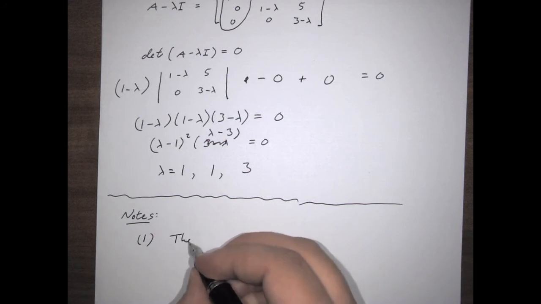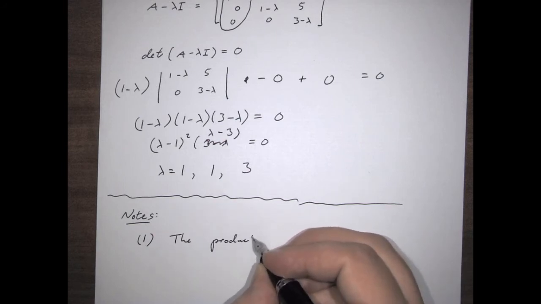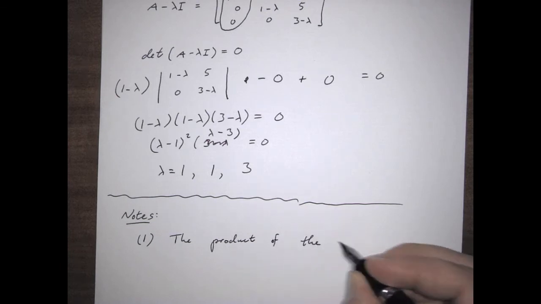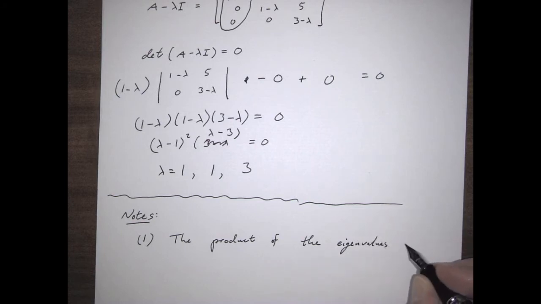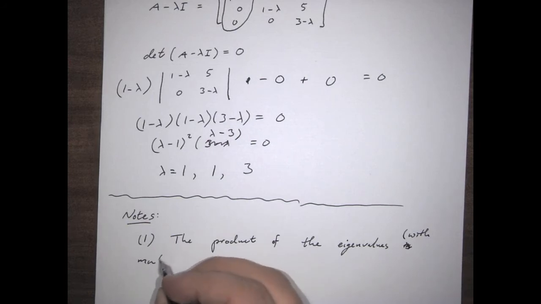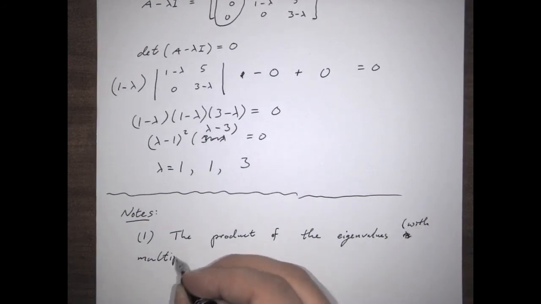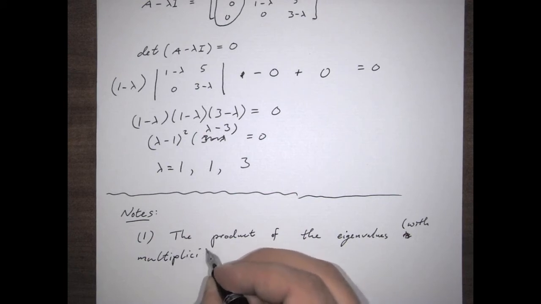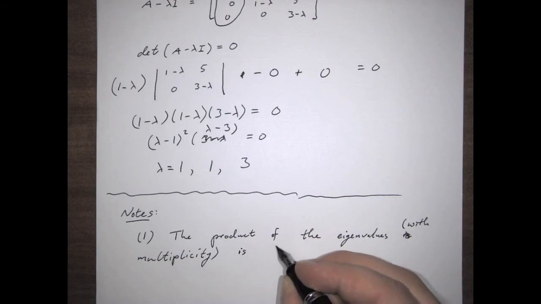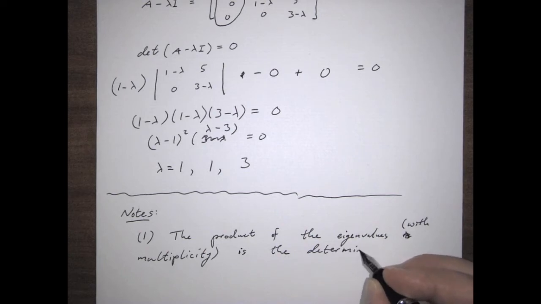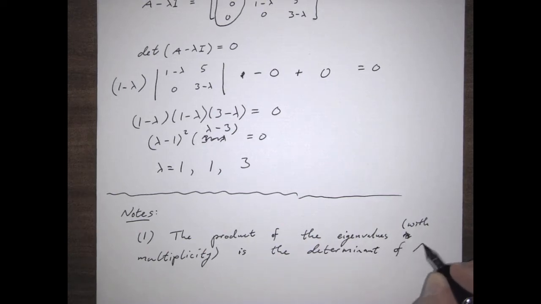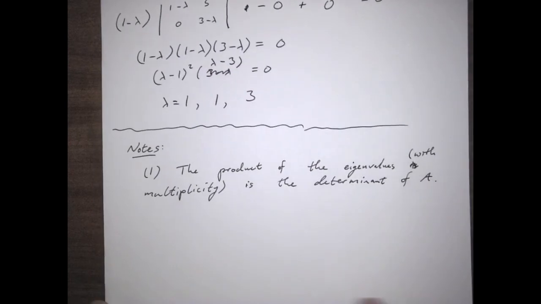The product of the eigenvalues, and here with multiplicity, so repeat the factors as necessary, is the determinant of A. So that's a fact.